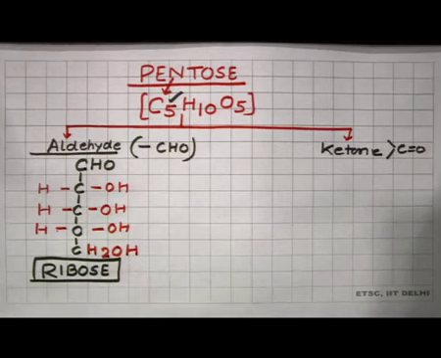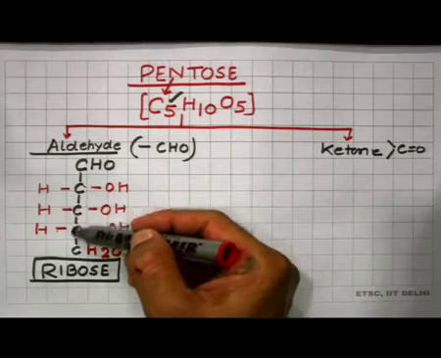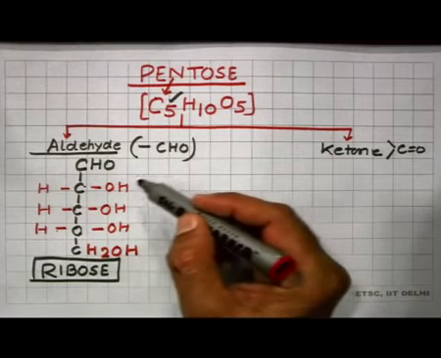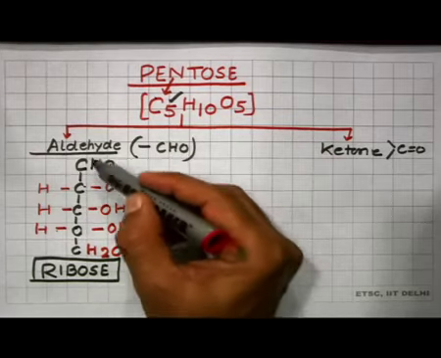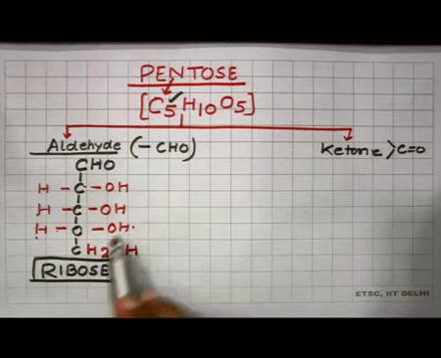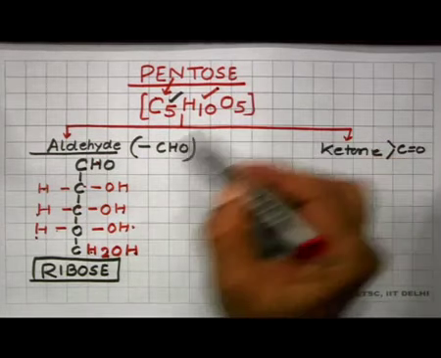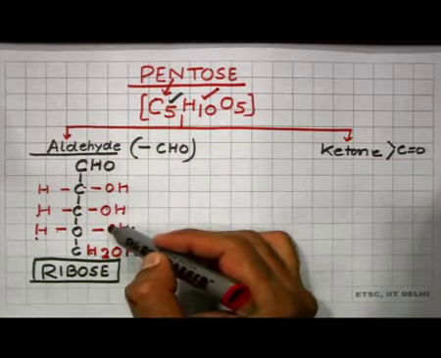So, you can easily write the structure of ribose. It has 5 carbons, hydrogen will be 10, that is 1 to 10, and oxygen is 5, 1, 2, 3, 4, 5.